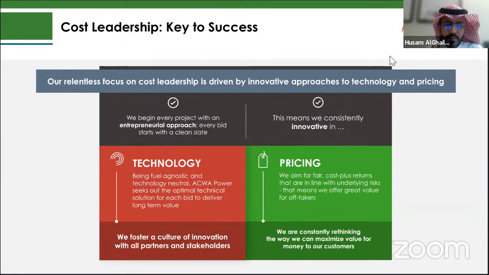These two variables go hand in hand, and that depends heavily on working in collaboration with our partners, the EPC contractors and the main equipment suppliers, in a way that brings the value, as we mentioned earlier in the business model, to us as a developer when it comes to winning the project, and as an owner and operator when it comes to operating and maintaining those plants.